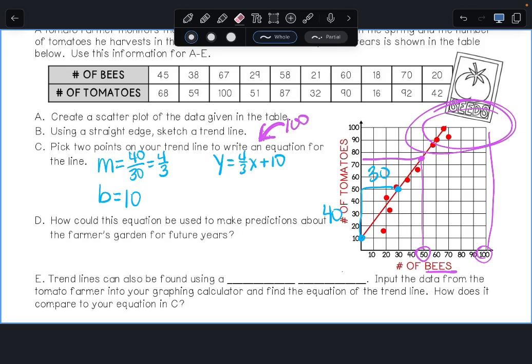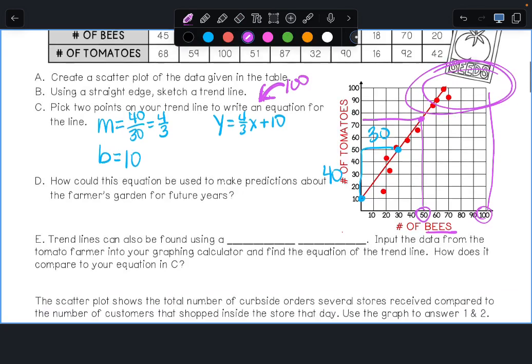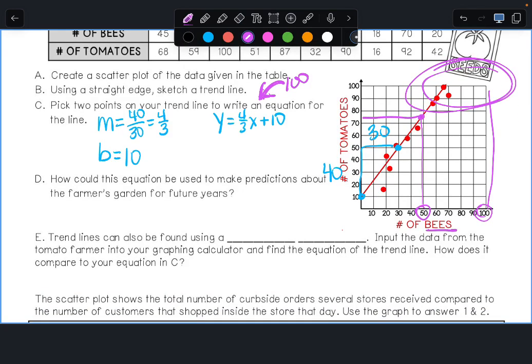But the good news is that trend lines or the equations can also be found using a graphing calculator. And that's the main part that we're going to learn today, the calculator. So that's what I'm going to show you how to do right now.